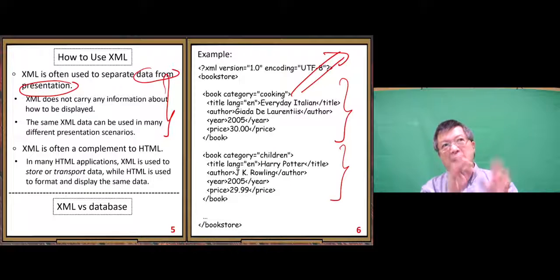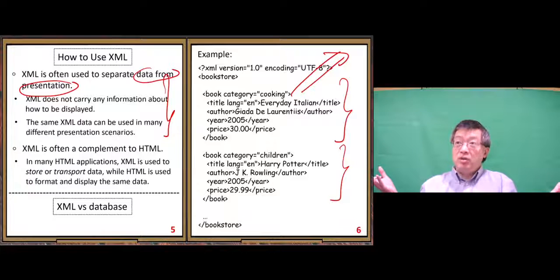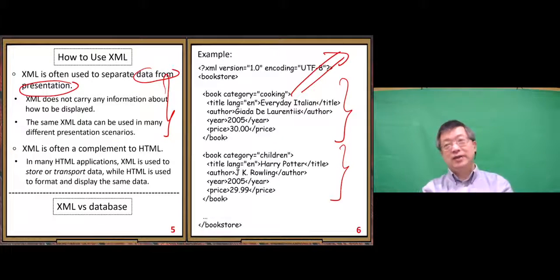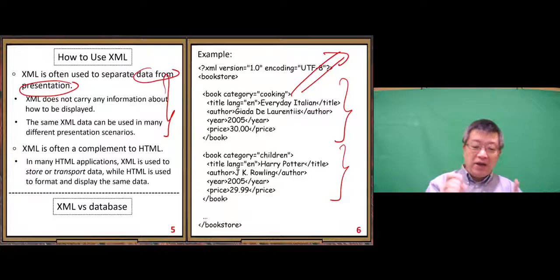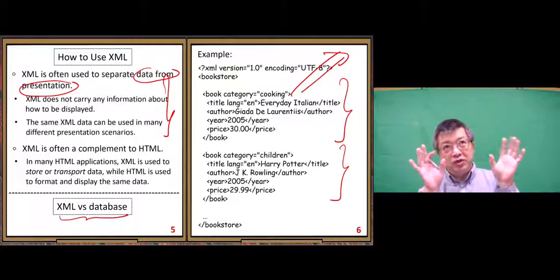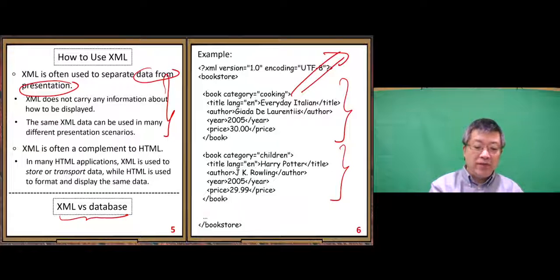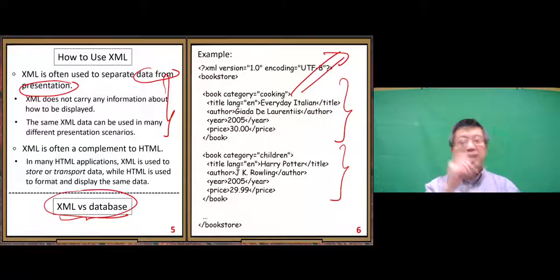A database can store data, and although it may not be transport, we can access data through the network. From the angle of usages and functionalities, there are similarities between XML and the database.